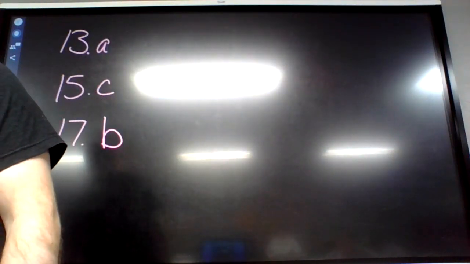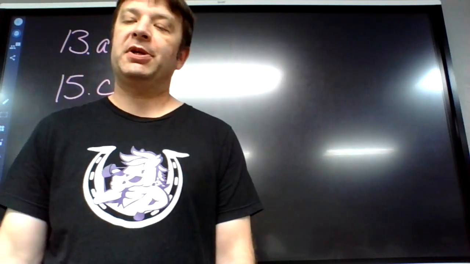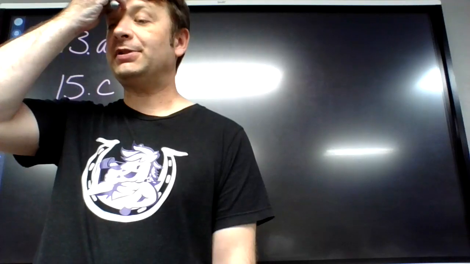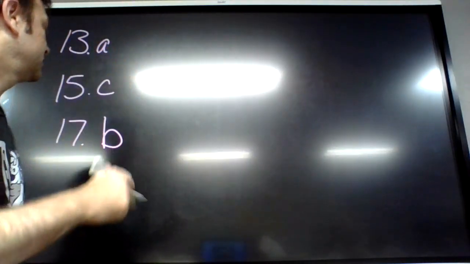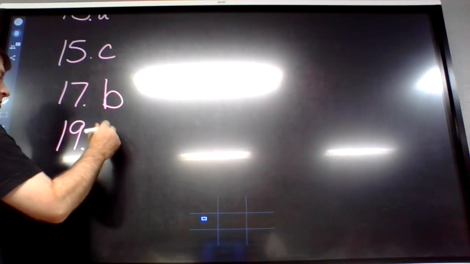We're just going to say, is it a function or not? They just write it in different ways. Number 19, we've seen this one before. Is 19 a function? Yes, because all the x values are different. They're not being repeated.